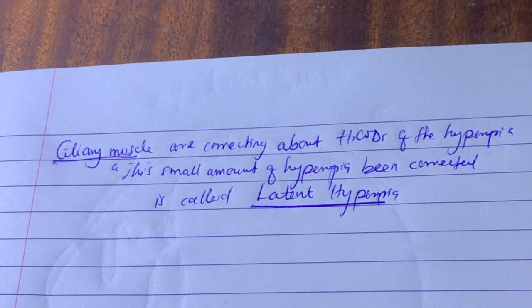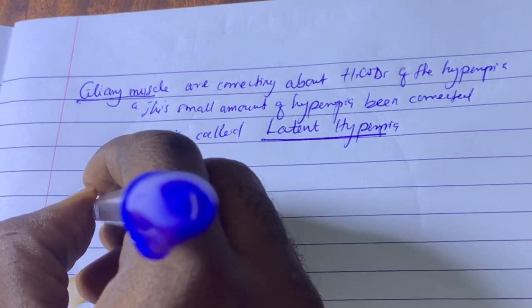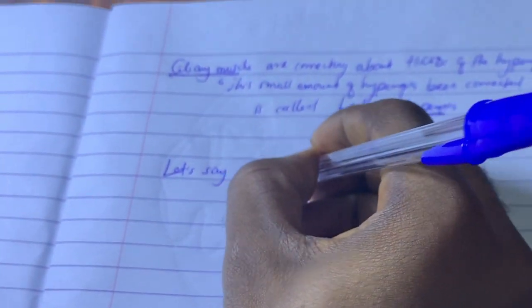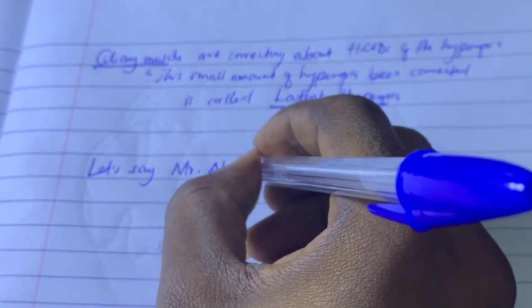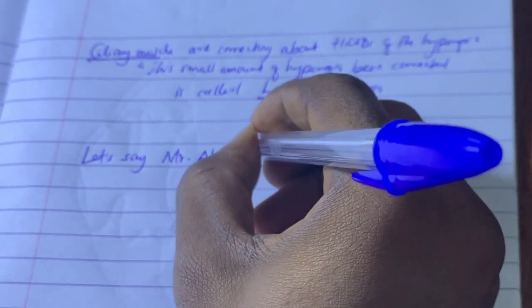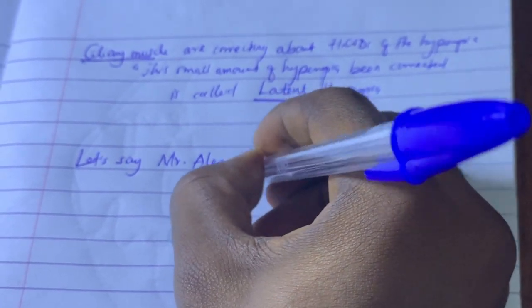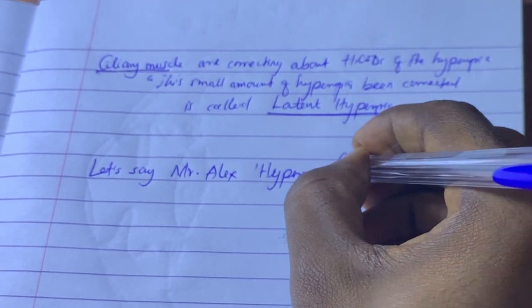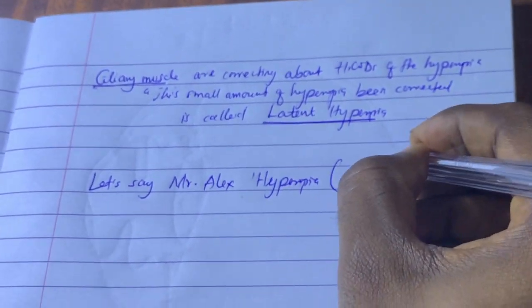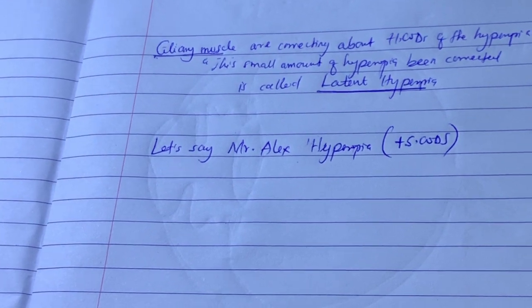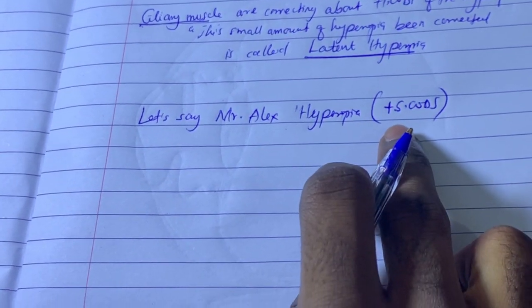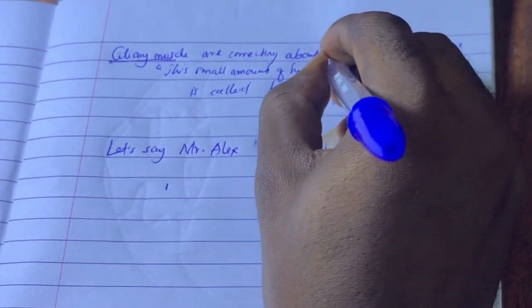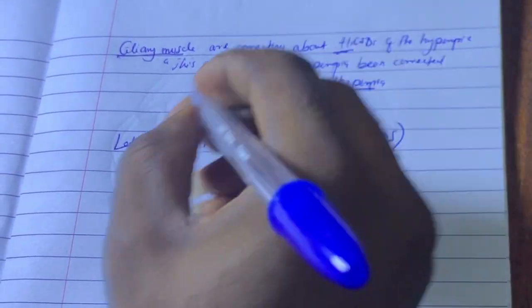Now for example, let's say Mr. Alex has hyperopia of let's say +5 DS. Now, it's +5, but there is the latent part, about +1.